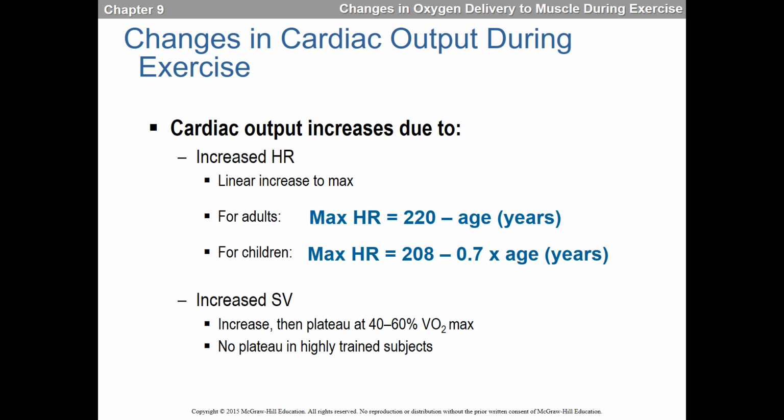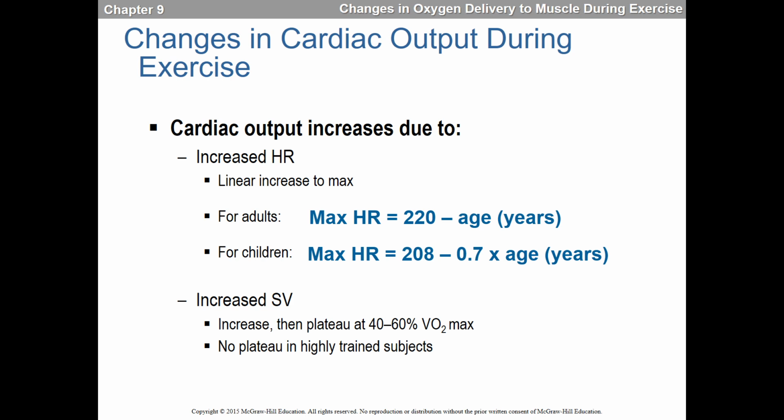But we have a massive increase in heart rate, so there's kind of a peak there. For stroke volume, it seems that in most individuals, there's a peak in stroke volume around 40 to 60% of an individual's VO2 max or peak aerobic capacity. But in highly trained individuals, there seems like there may be no plateau of stroke volume. Now, it makes sense that there is a plateau in stroke volume, just because while you're exercising, your heart doesn't get bigger.